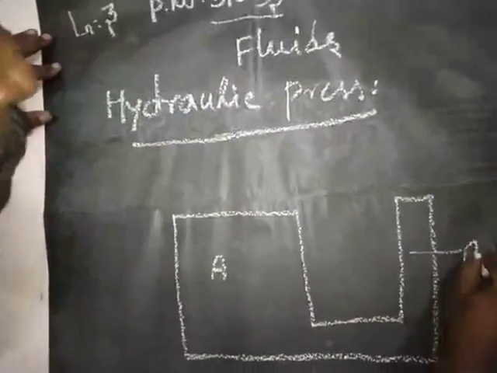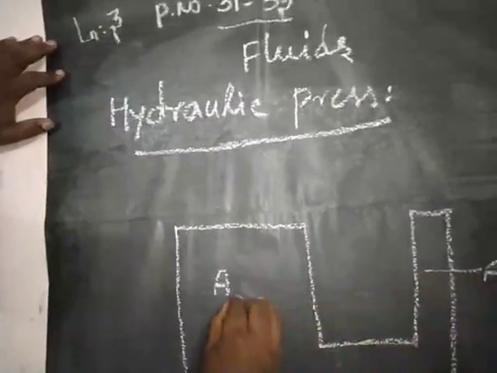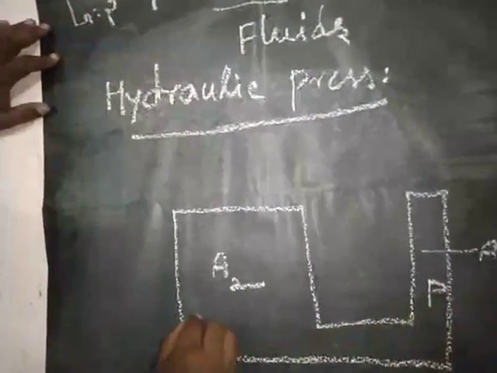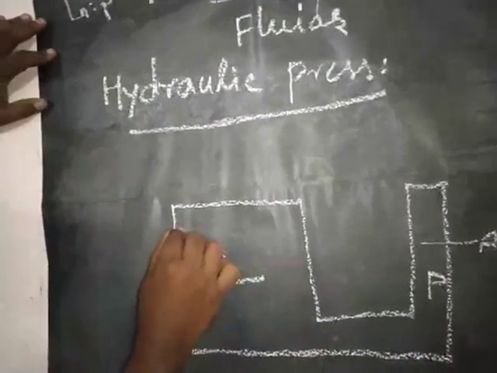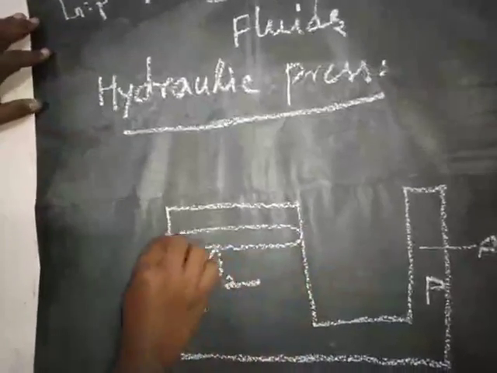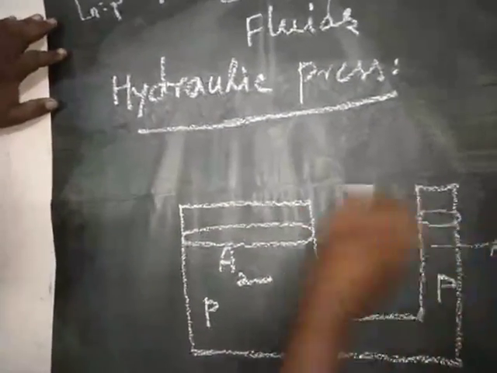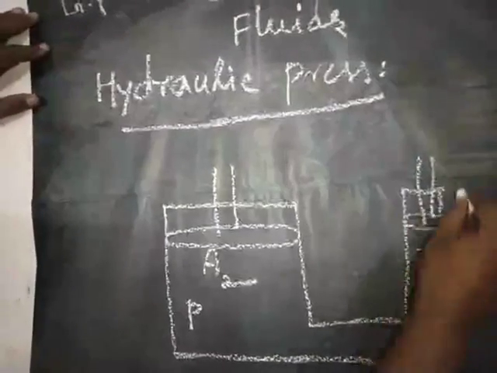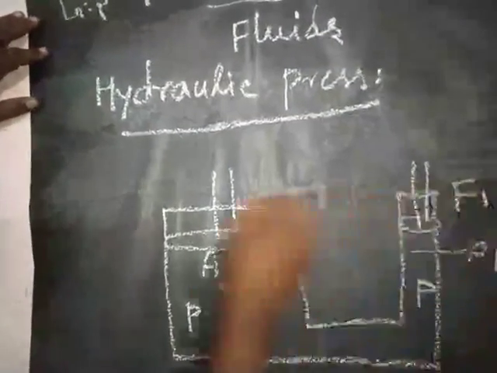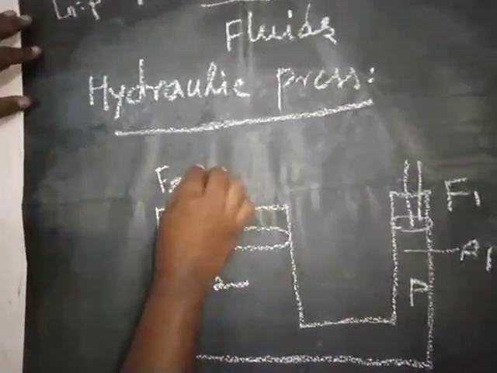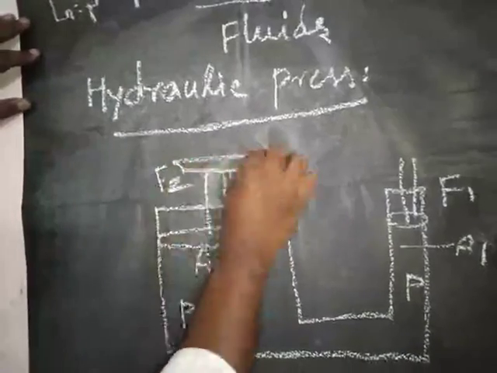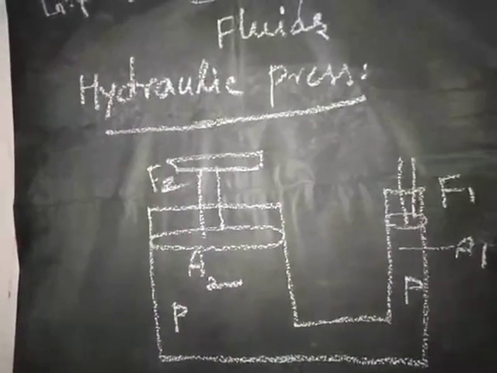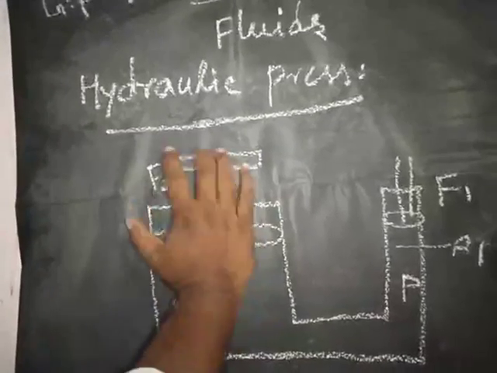This one is A1, this one A2. Here pressure, here also pressure. Next we close them with the help of pistons. Here force F1, here force F2. Here we keep an object on the surface of the piston, the second one.